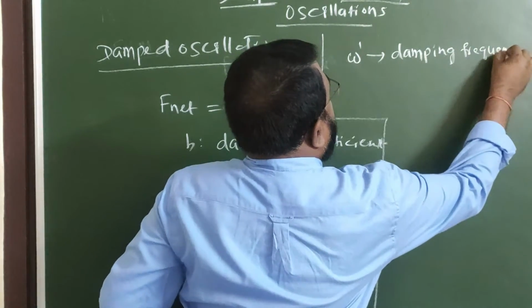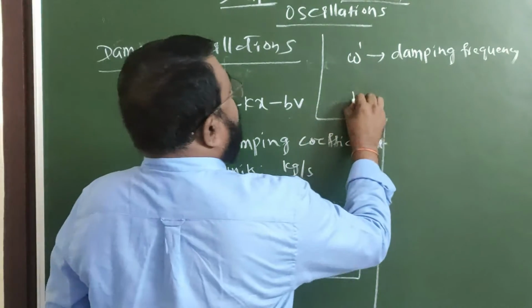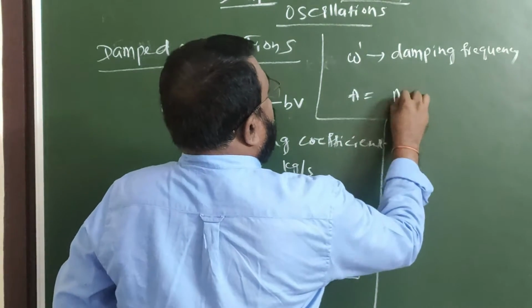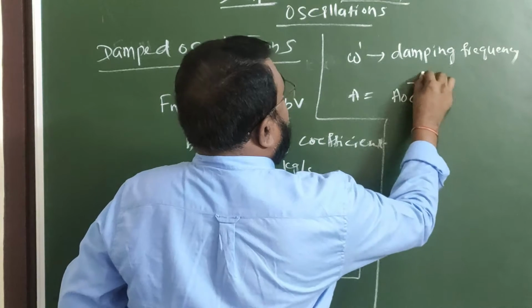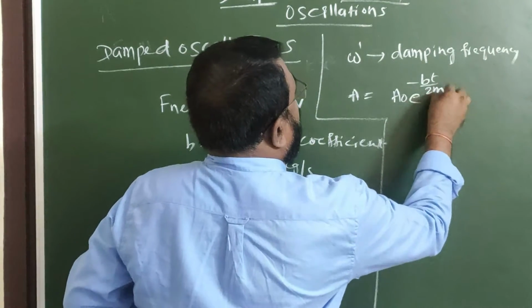This term is the amplitude, A is equal to A naught e to the power of minus bt by 2m.